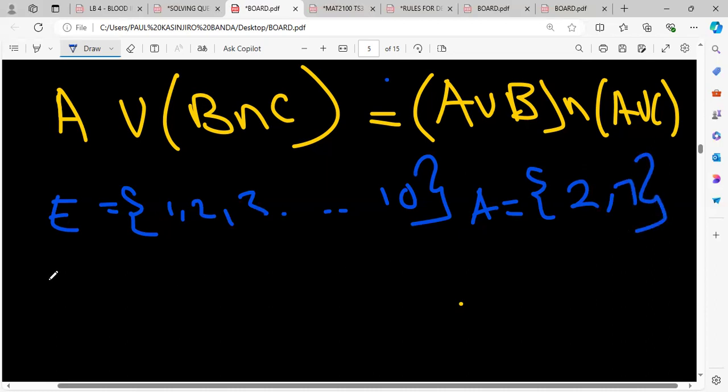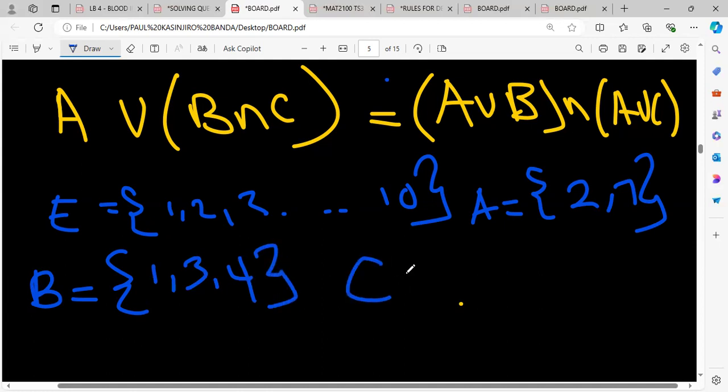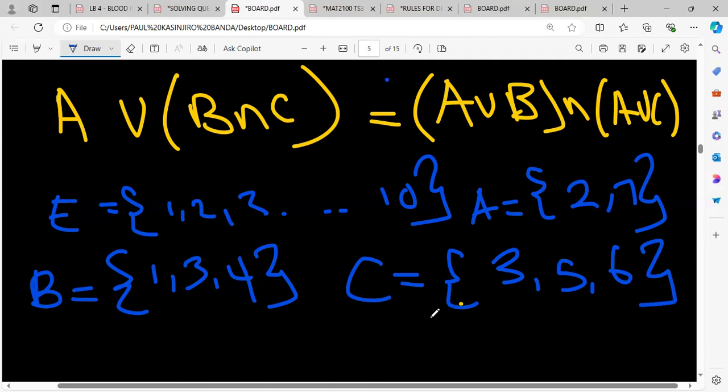And let's say my set B will be 1, 3, 4. And let my set C be 3, 5, 6. So let these 4 sets be what we choose. Remember, you can come up with any sets of your choice, because you're just trying to prove.